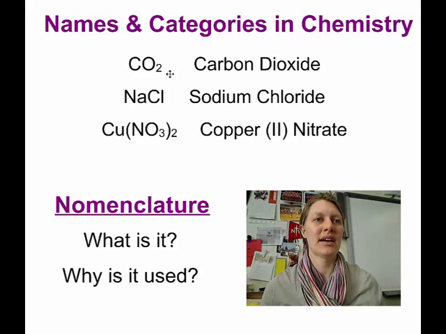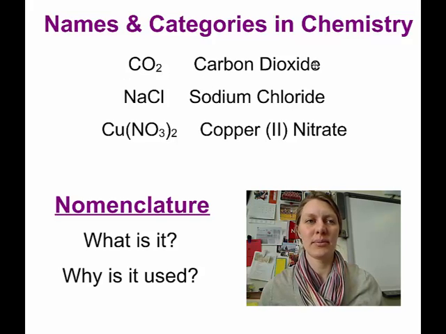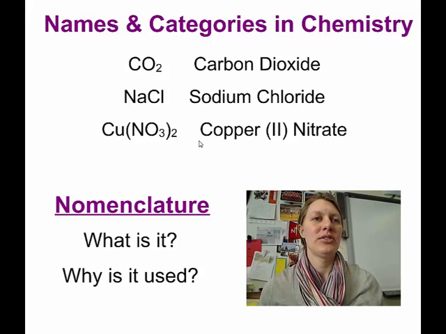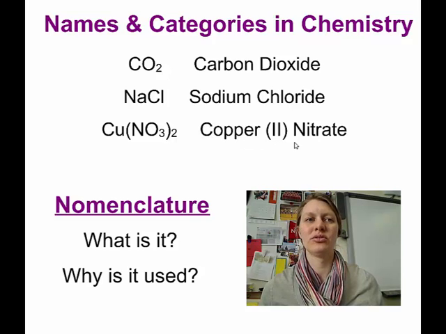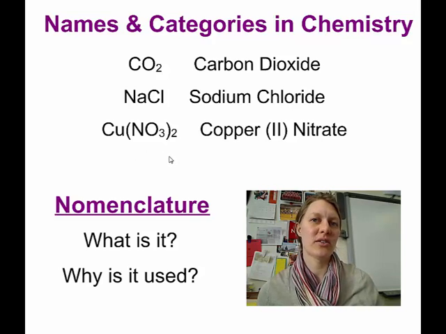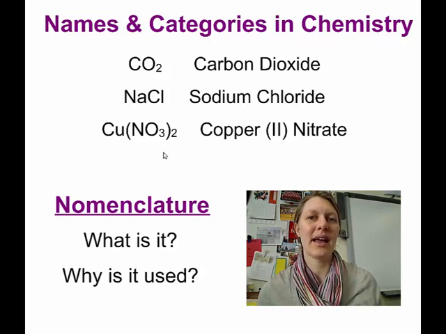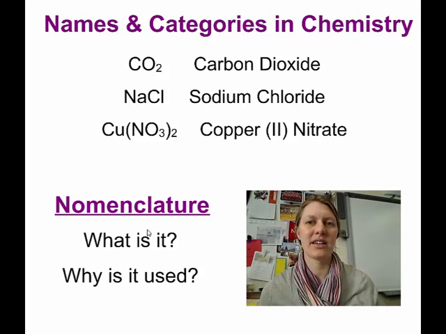We have carbon dioxide that is written like this as its symbol, but then we also have its name, carbon dioxide. You can see that looks different than this third example where you've got copper 2 nitrate and how we write its name. There are all different ways that we write these names, and there's a reason behind that. That's what we're going to look at with nomenclature.